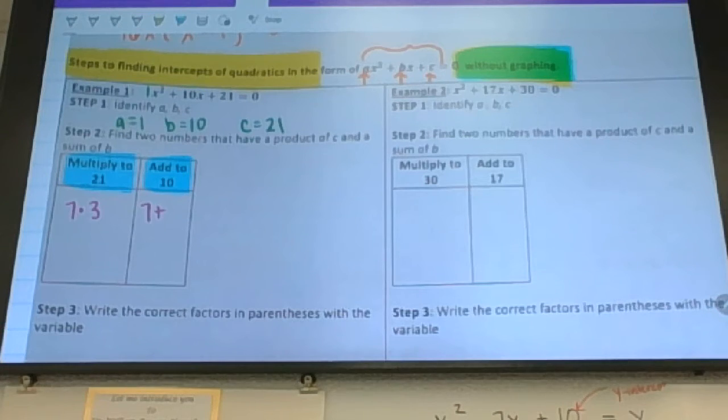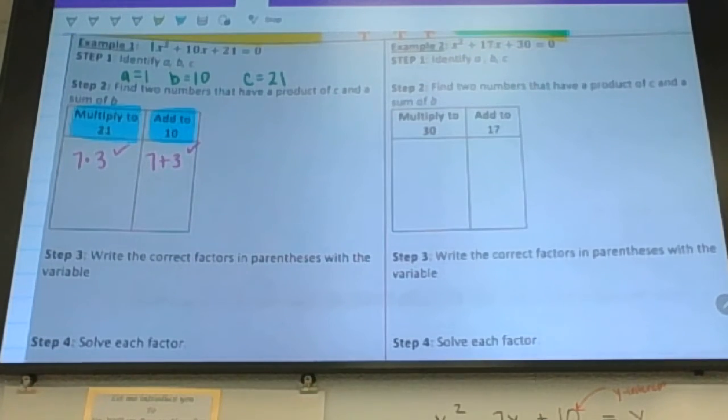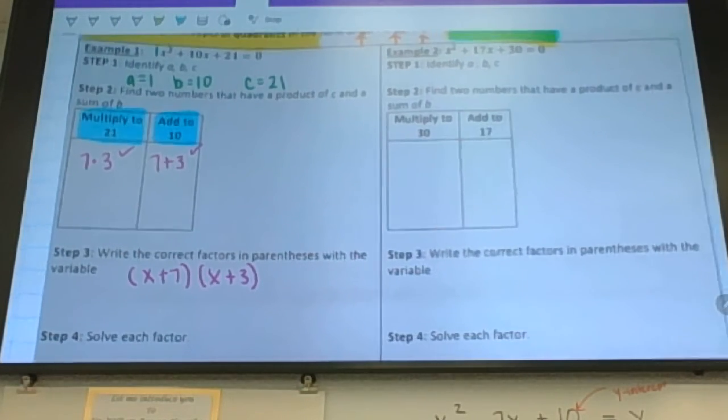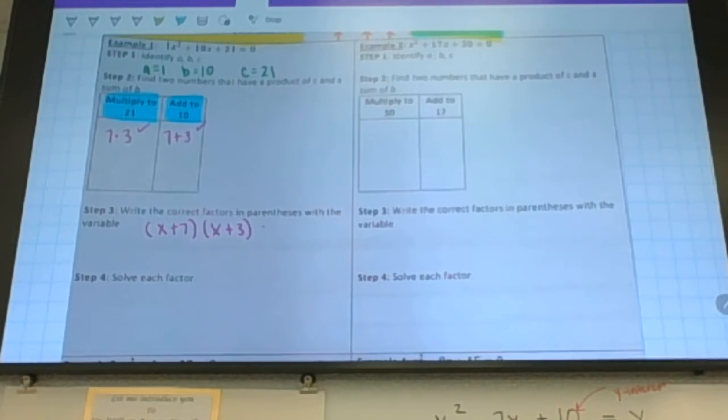And is 7 plus 3 10? Yeah. So 7 and 3 satisfy both criteria. We're going to write these numbers in parentheses, x plus 7 and x plus 3. Those are the factors. And now, that equals 0.